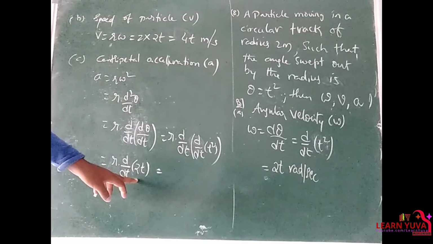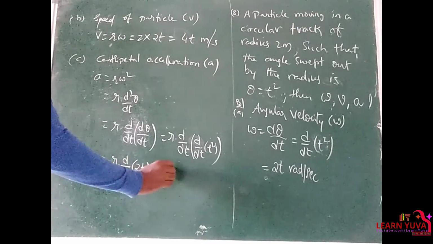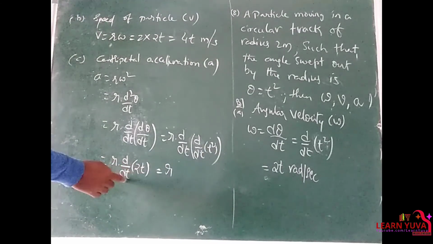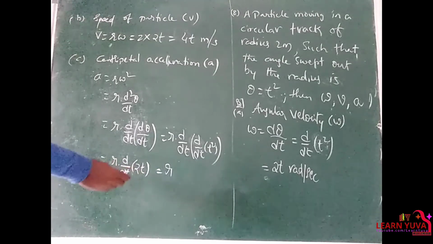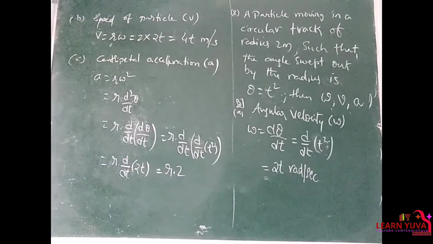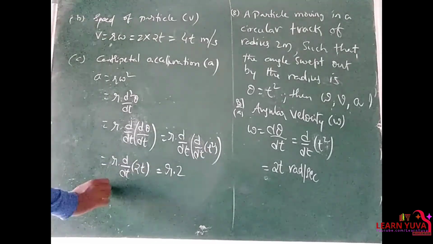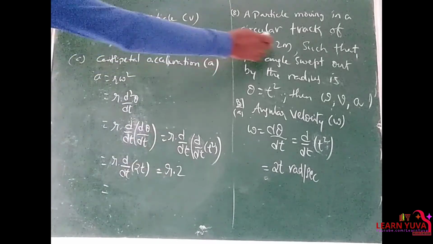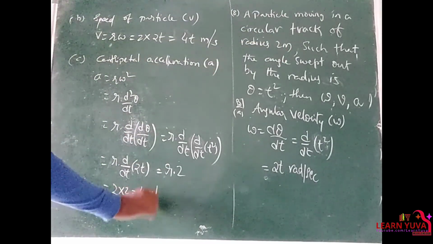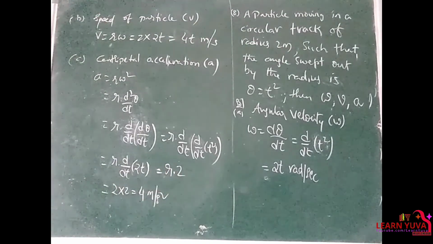Here, while derivating constant into t, we are derivating t with respect to t, so t and t get cancelled and we have only the number, 2r. r value is given as 2 meters. So 2 into 2, that is equal to 4 meters per second square. Clear? That's it.